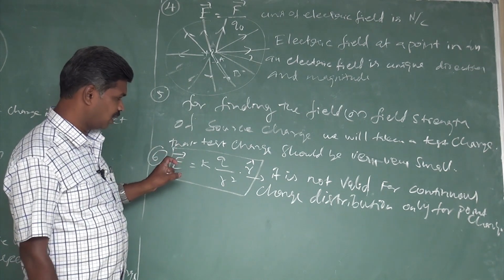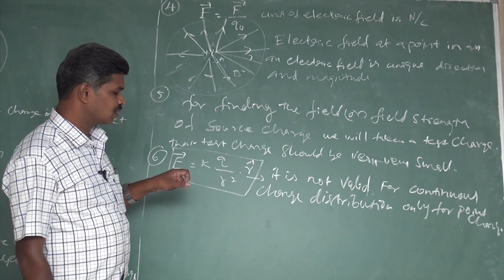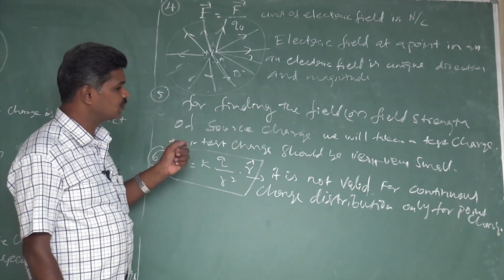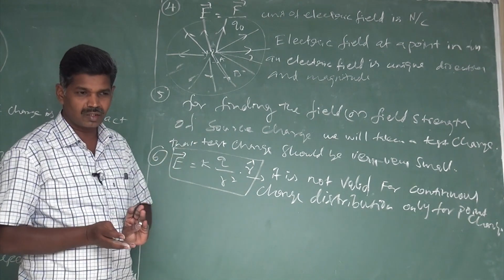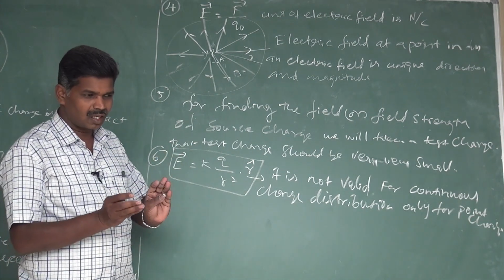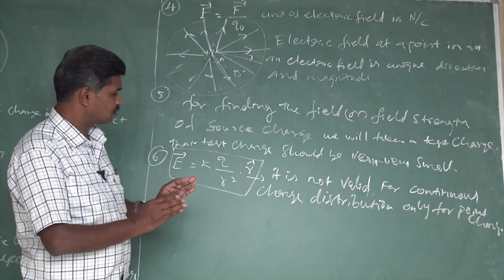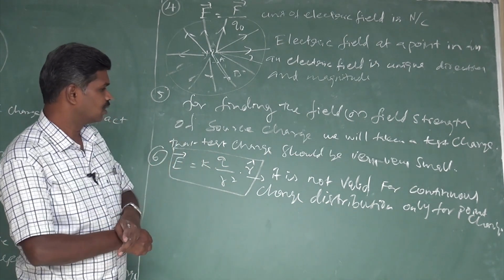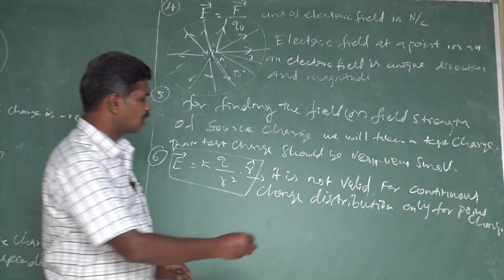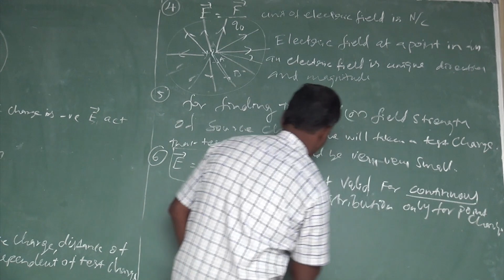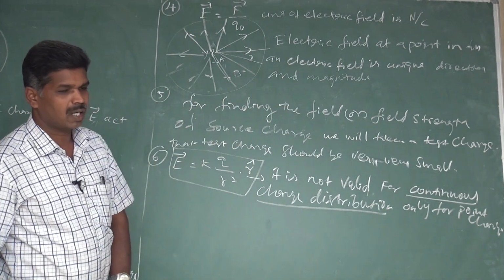There we have a formula. This formula is used only for a point charge. It is not valid for a continuous charge distribution, because if we have a continuous charge distribution we cannot easily partition the charges. So that's why this will not help for finding the field intensity due to a continuous charge distribution, only for a point charge.